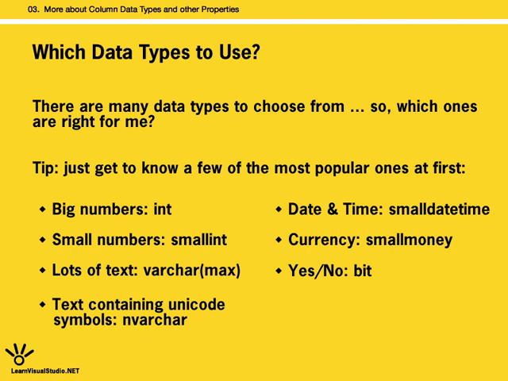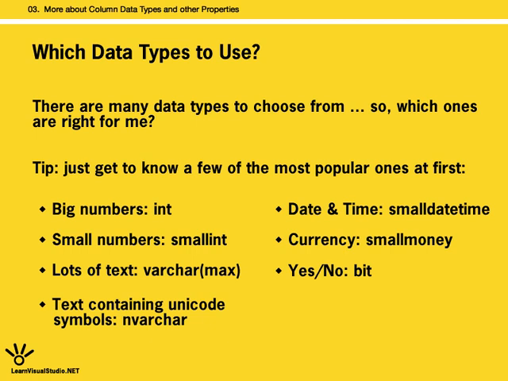If we're expecting a lot of text, we can use varchar. If we're expecting a lot of text, we can use the new varchar max. So in the previous lesson, you saw how we defined varchar 50, 50 being the length of that given field. So the maximum size of that field can be 50 characters in length, but it expands and contracts to accommodate the amount of characters that we're going to place in there, up to an absolute limit of 50.